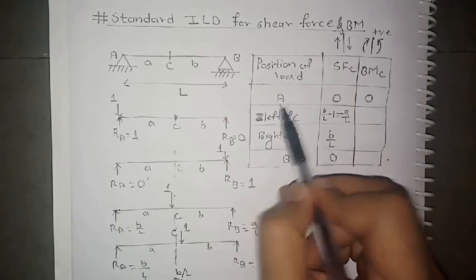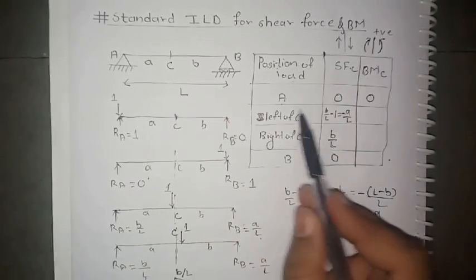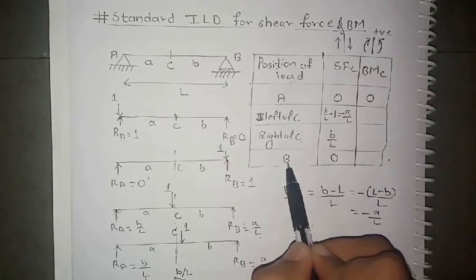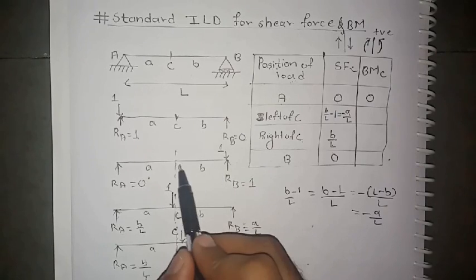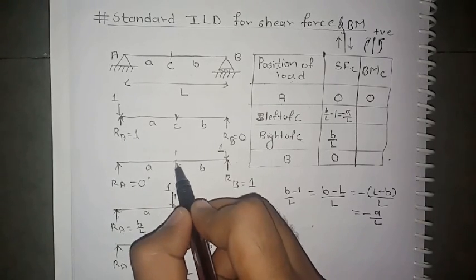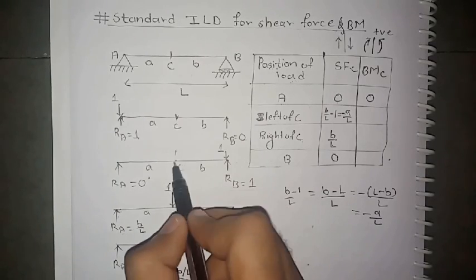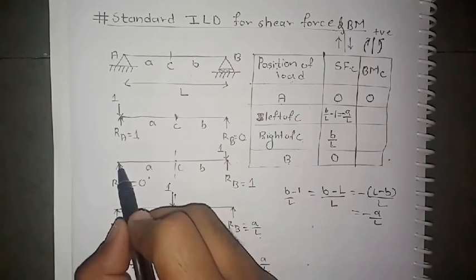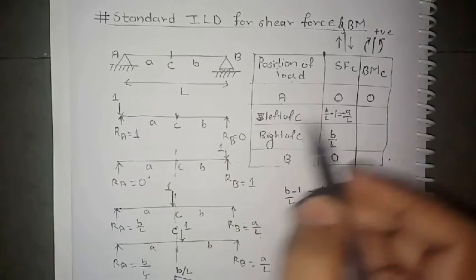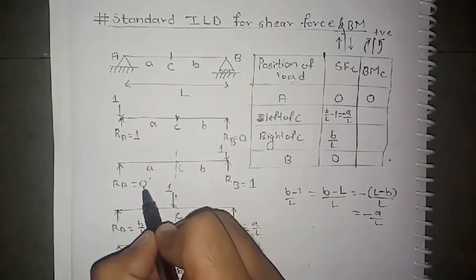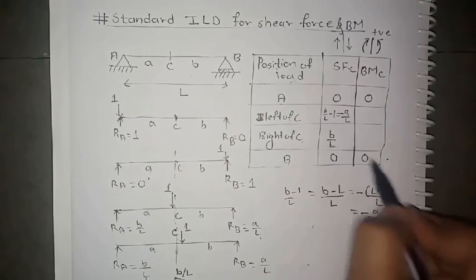So when the load is at A, bending moment at C equals 0. When unit load is applied at B, we take the section at C. Towards the left of the section, Ra into A, Ra is 0, so 0 into A again becomes 0.